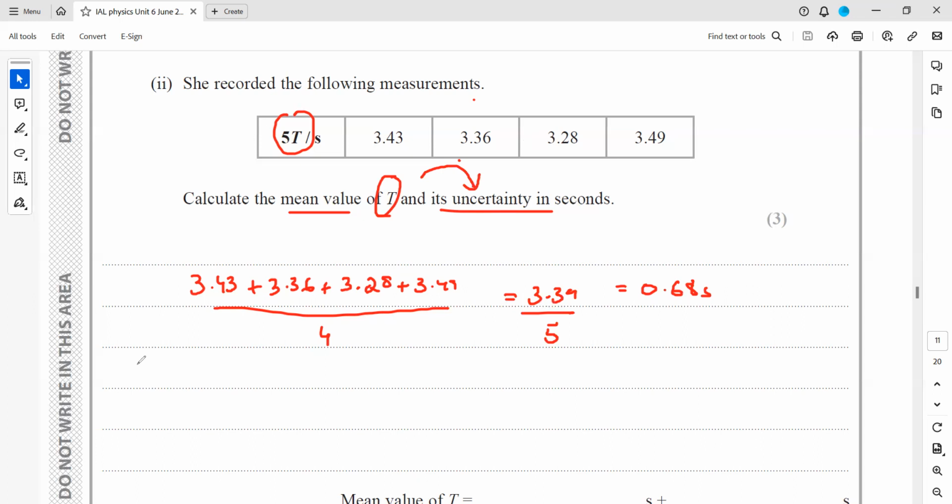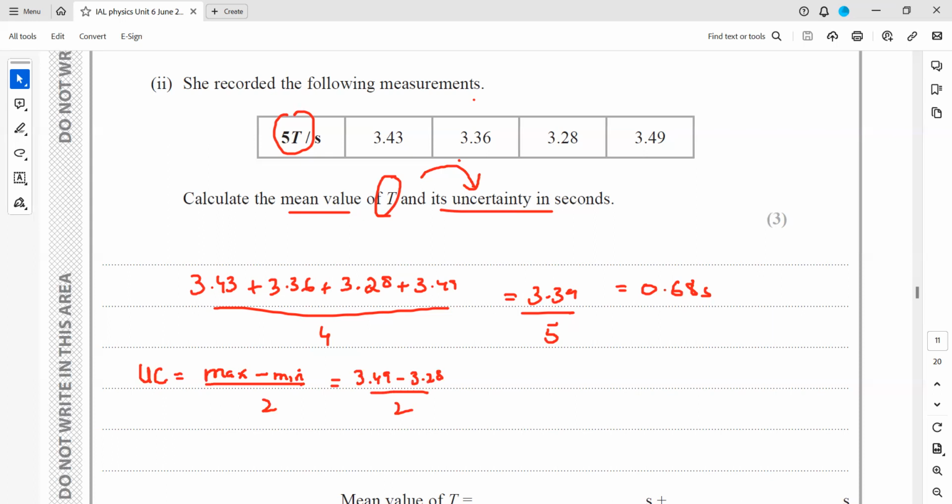So how to work out the uncertainty? The uncertainty of a group of data is maximum minus minimum divided by 2. That is called the half range. So our maximum value is how much? 3.49, and the minimum value is 3.28, and we divide by 2.